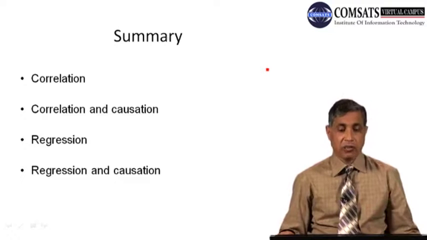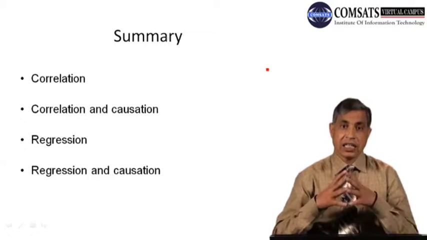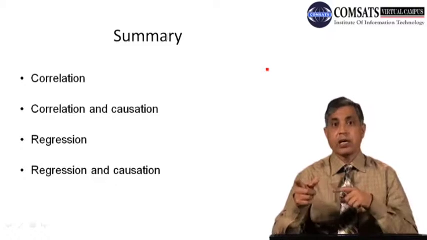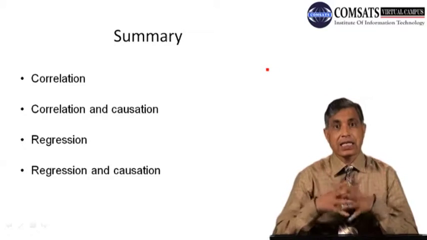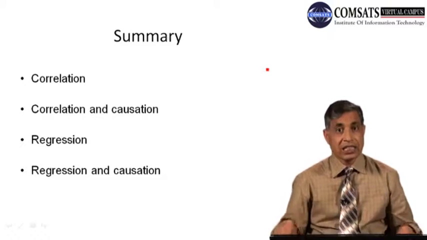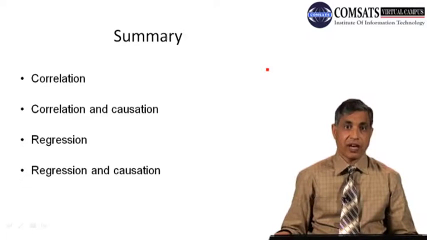And then we talked about the difference between regression and causation. Regression is only concerned with the dependence of one variable on the other variable. It is a statistical relationship, but regression doesn't tell us which variable is affecting the other one.